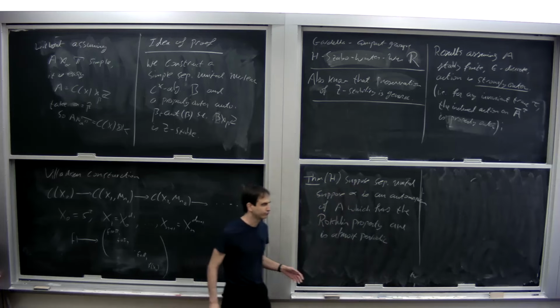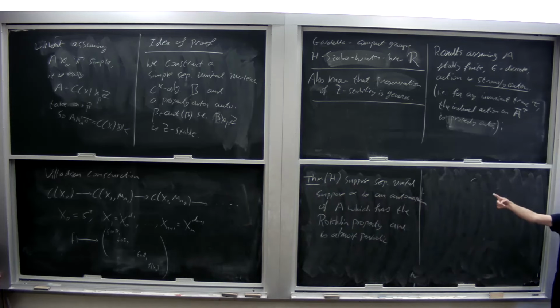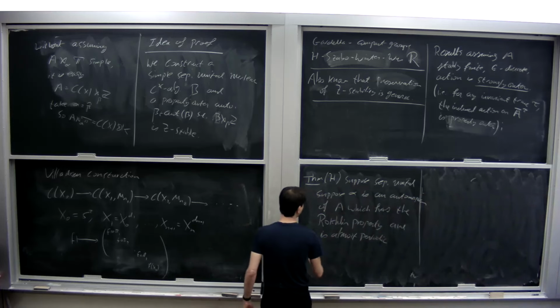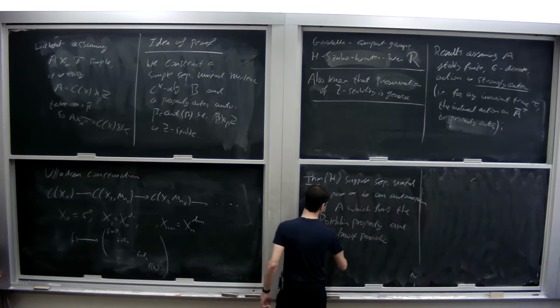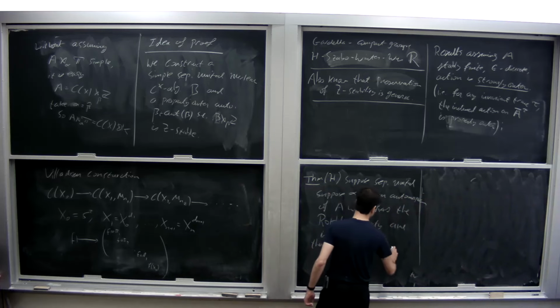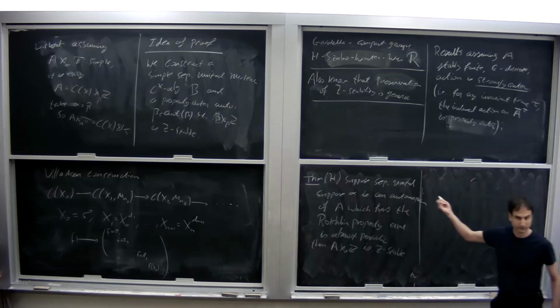Almost periodic means that for any finite set and for any epsilon, you can find some power of this automorphism which almost gets this finite set back to where we started. Then the cross product is Z stable, even if A is not.